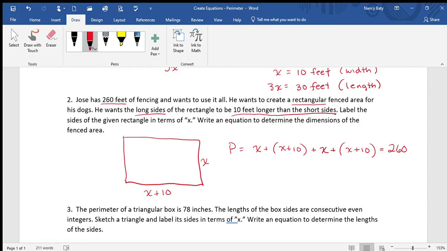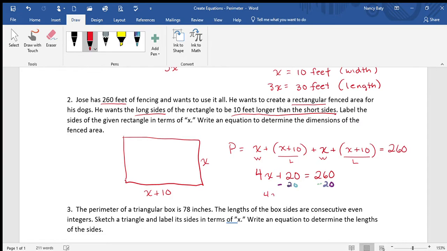So notice, we have 2 widths and we have 2 lengths. It's 4 sides. Now we can drop the parentheses because there's no number other than +1 in front of them. So we have 1, 2, 3, 4 x's. We have 10 plus 10, which is 20. That's 260. We're going to subtract 20 from both sides.